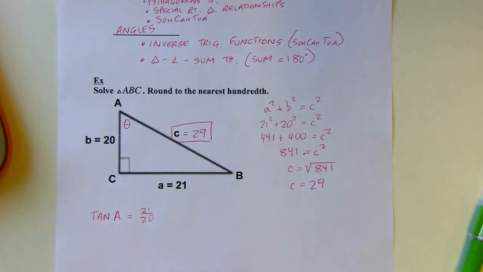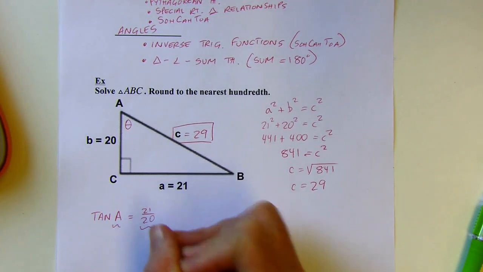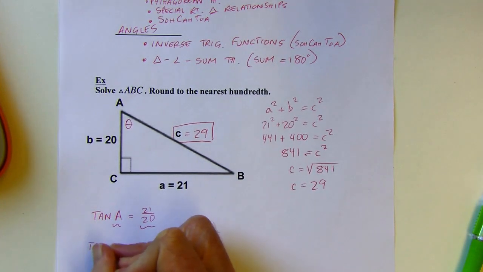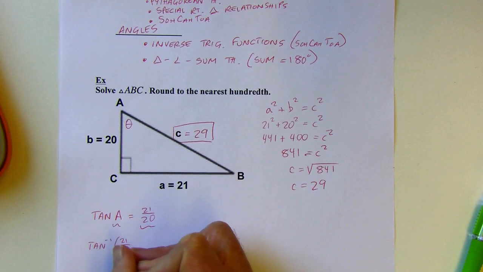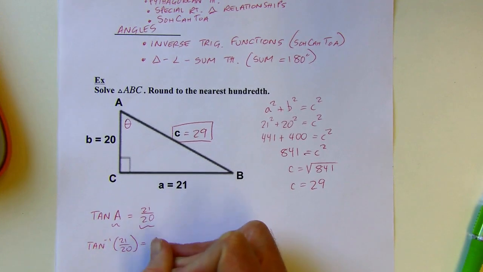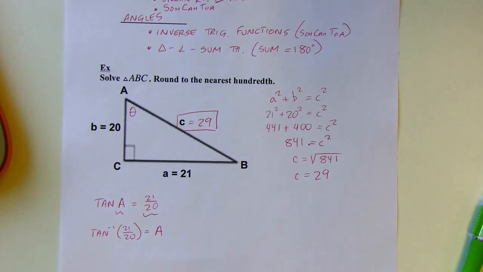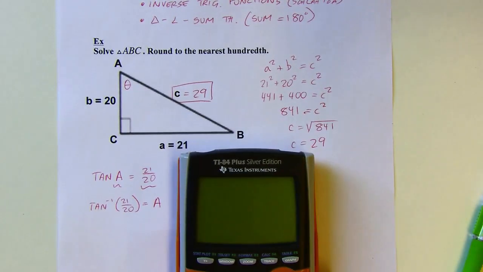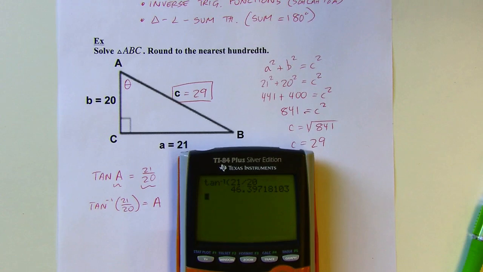Now I can use my inverse trig function to switch those 2. So the inverse tangent of 21 over 20 is going to equal angle A. Now I've got something I can put in my calculator. Inverse tangent 21 over 20 is going to come out to 46.40.